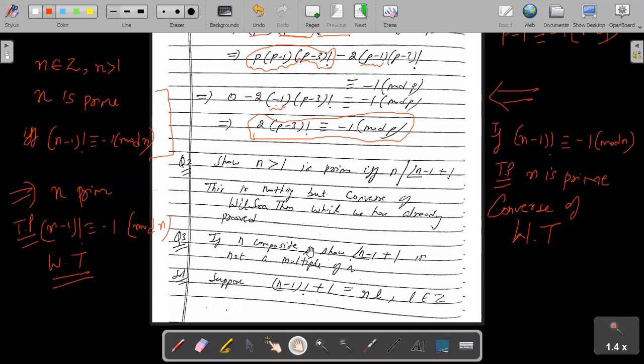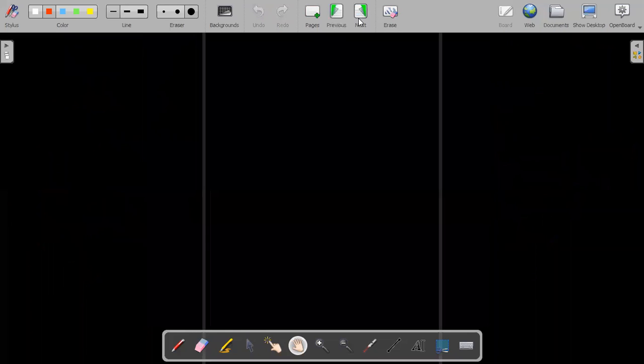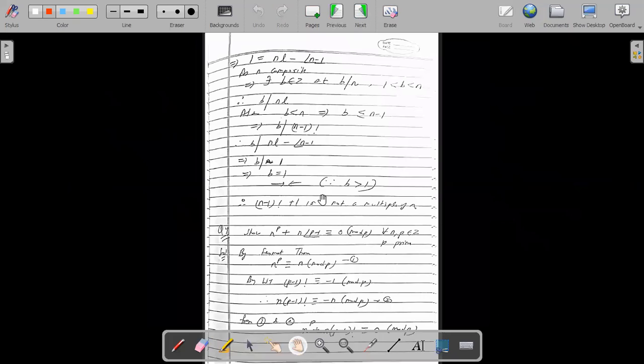Question number 3 says: if n is composite, then show that (n minus 1) factorial plus 1 is not a multiple of n. As mathematicians, our nature is that we do the reverse of what is asked.